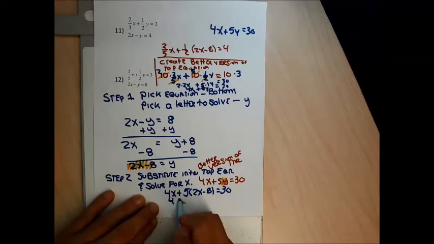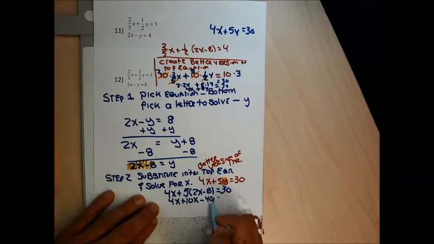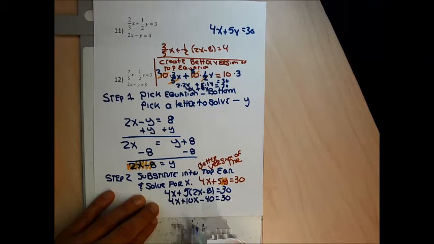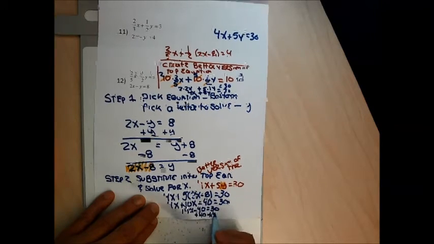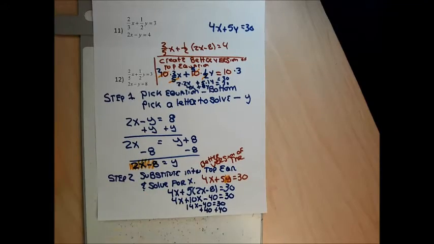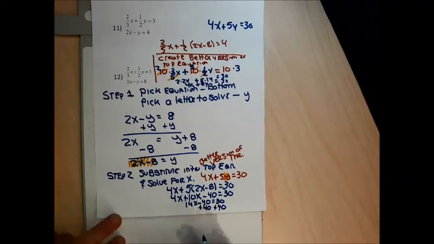This is going to give me 4x plus 10x minus 40 equals 30. This is going to give me 14x minus 40 equals 30. I'm going to add 40 to both sides, and that takes me to 14x equals 70.